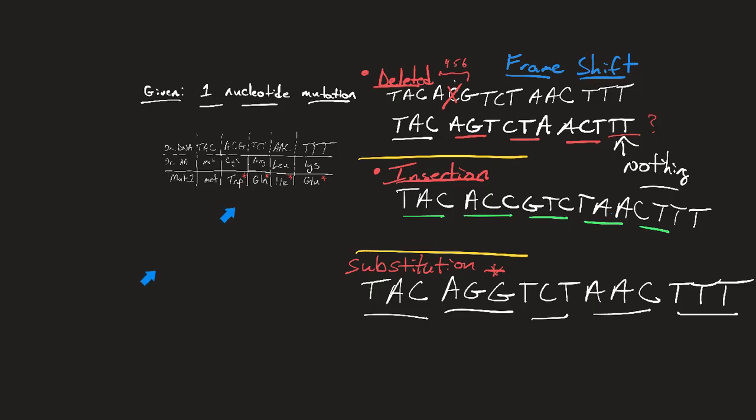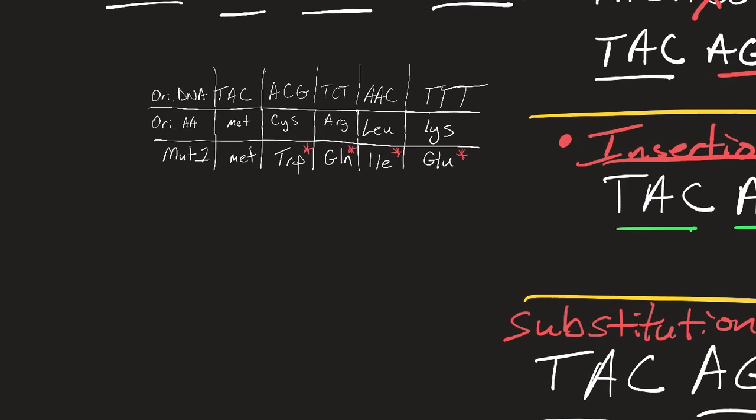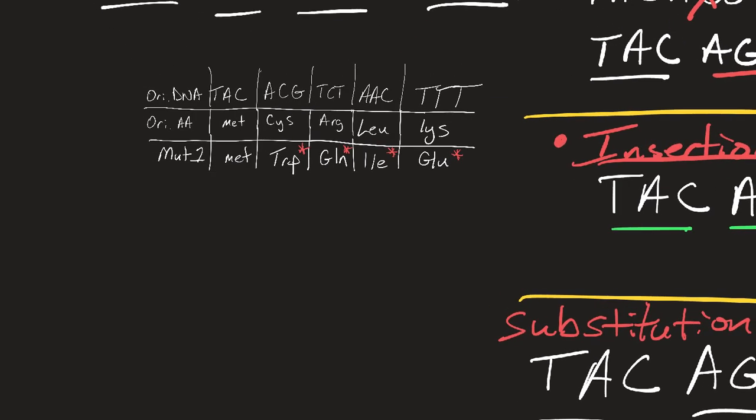So let's look at the next mutation. Mutant 2. And the first one, read to me the amino acids for mutant 2. MET. TRP.